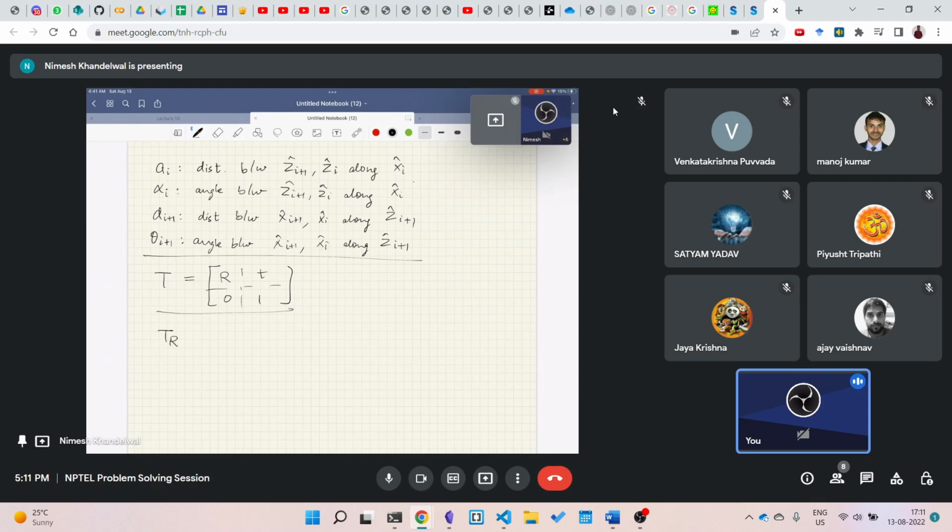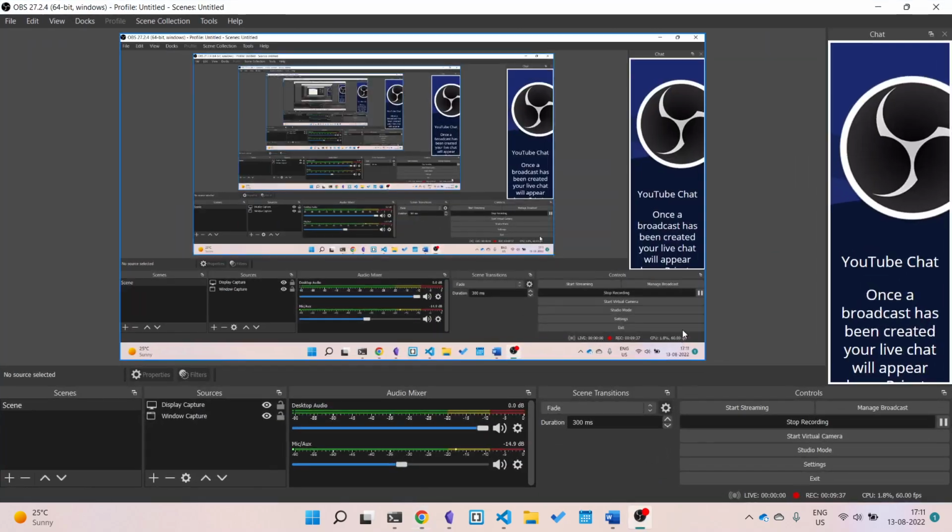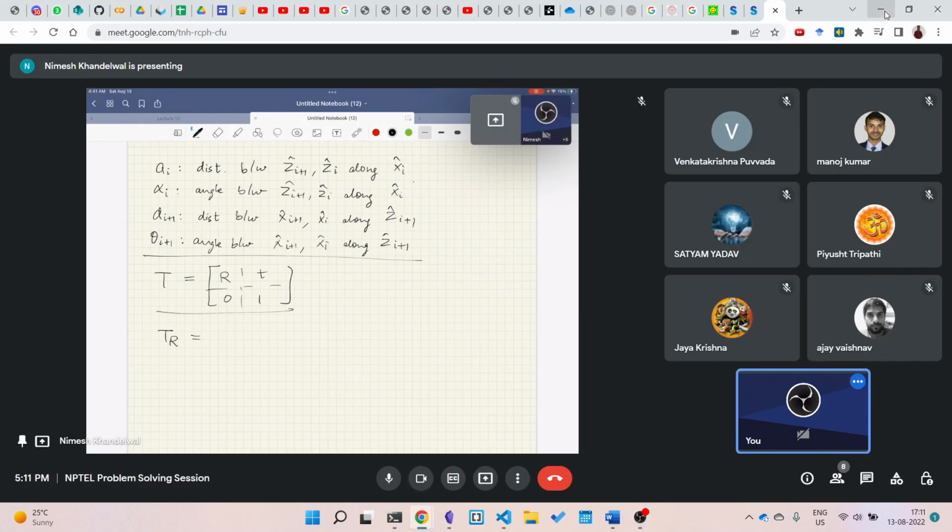TR contains only information about the rotation, and the translation matrix contains information only about the translation. Is that fine?